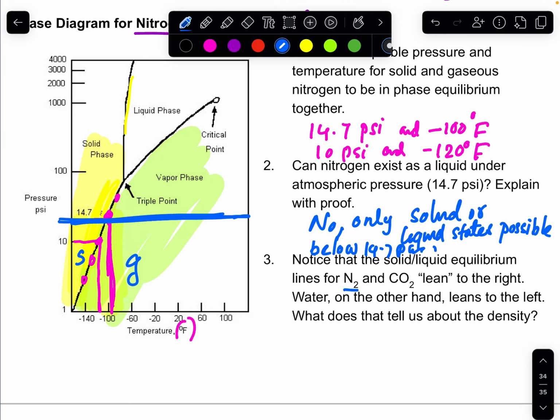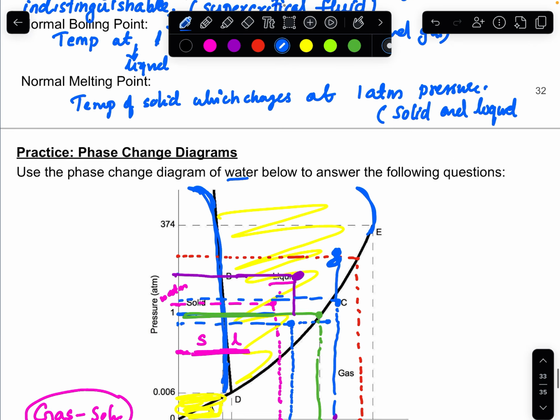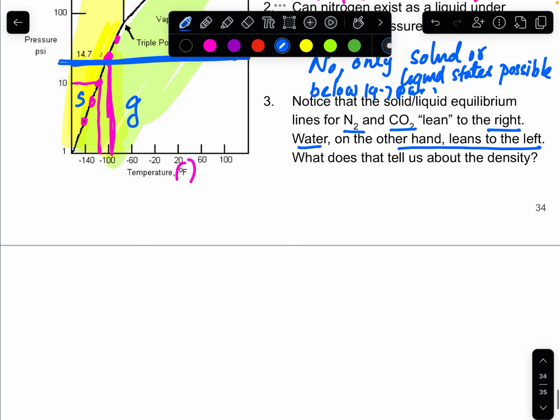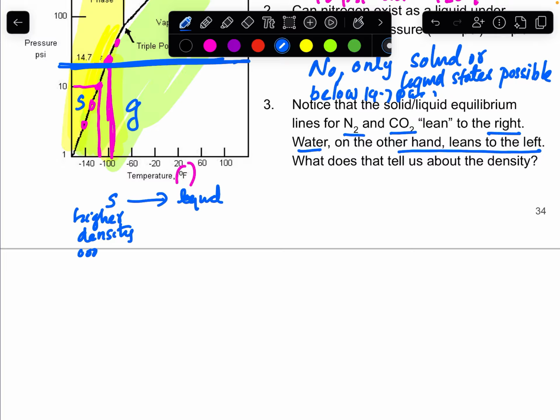Notice that solid liquid equilibrium for N2 and CO2 lean towards the right, while on the other hand water leans towards the left. Okay, that's what I said. This diagram is known. So this one is a little bit towards the left. What will be the reason for that? So the reason, normally we know that when a solid converts into liquid, solid will have higher density because they are packed together, right? Because the particles are very close together.